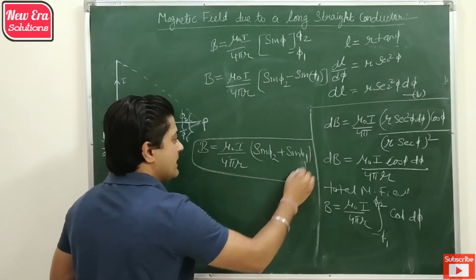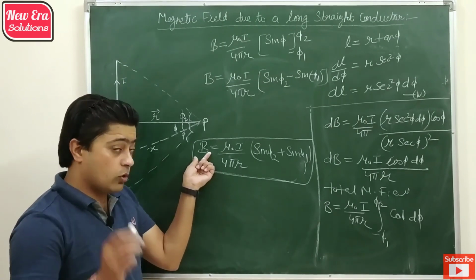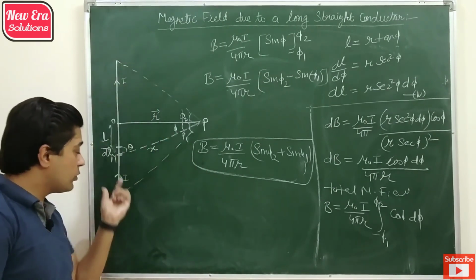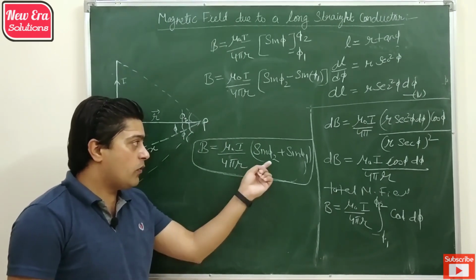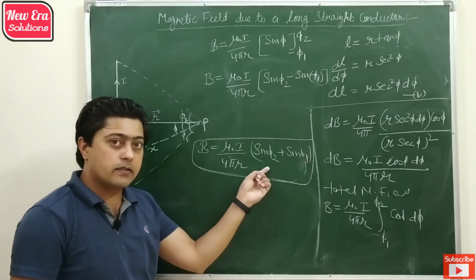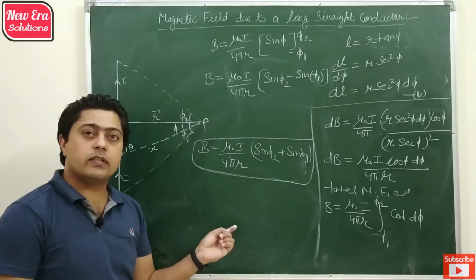So this is the final answer in which we get the total magnetic field due to the straight current carrying conductor at a point P, for which these two angles cover the complete conductor in opposite orientation.